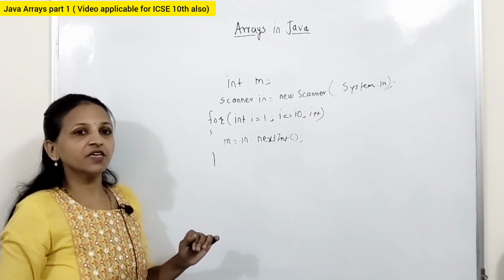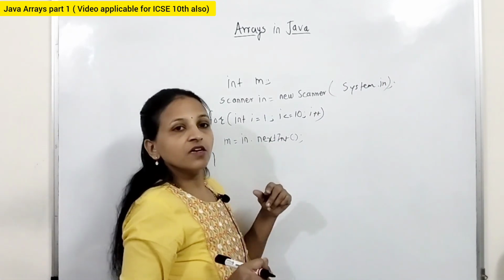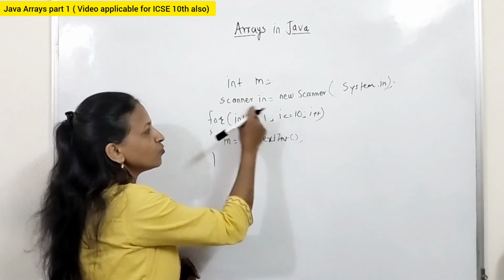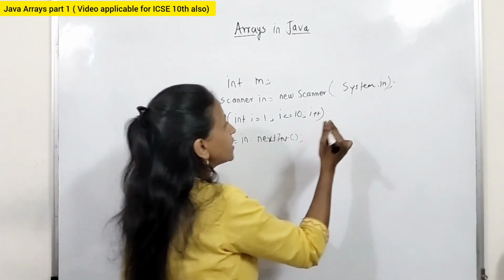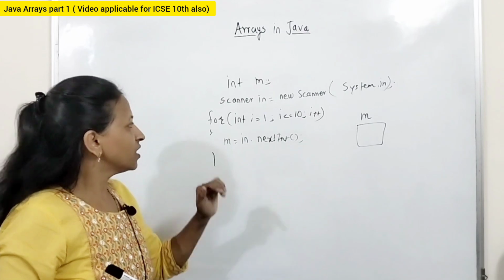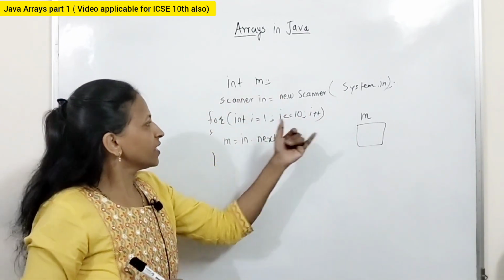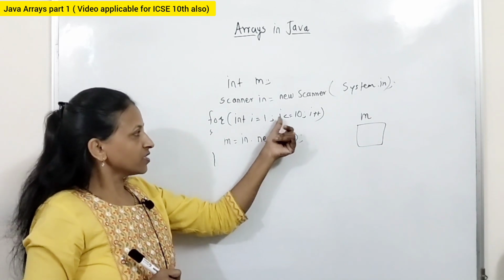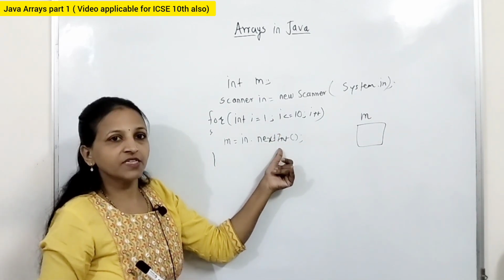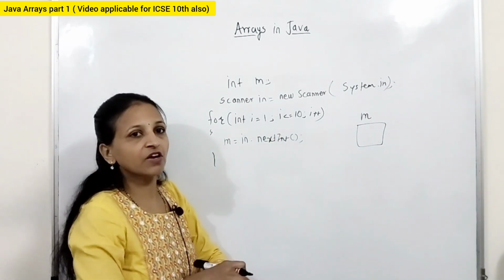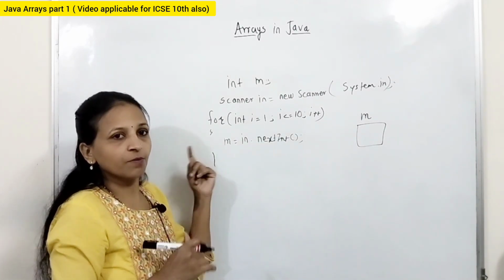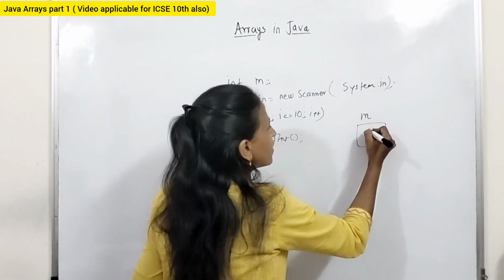Now what will happen here? It will read one integer and store it inside m. Again the loop will get executed. Internally, what will actually happen? Here we have m, and for i equals 1, the condition is true, control will come inside, and suppose the user enters one value, that will be read and stored here. Now suppose the user enters the value 5.